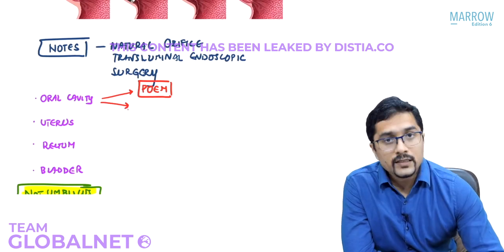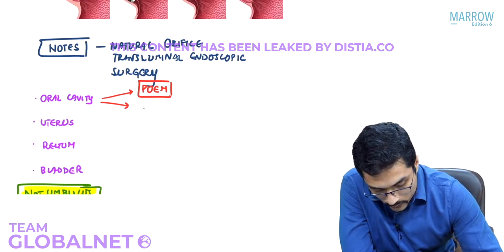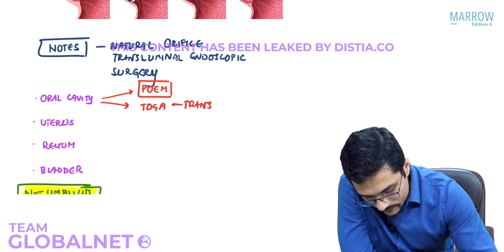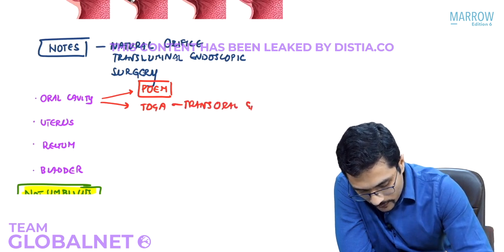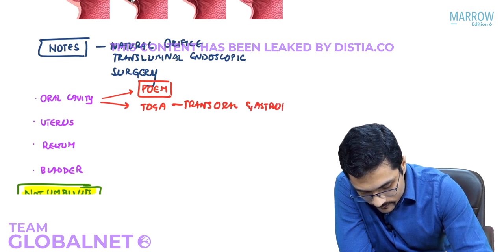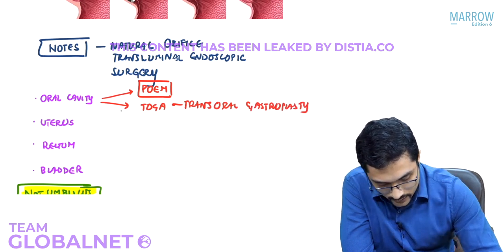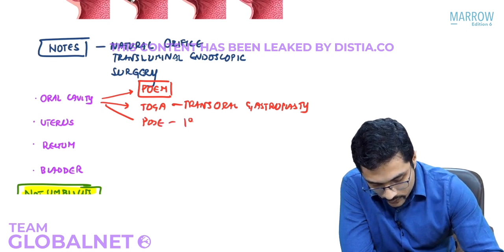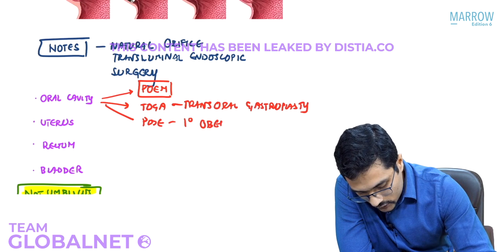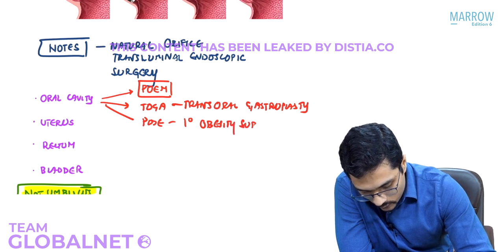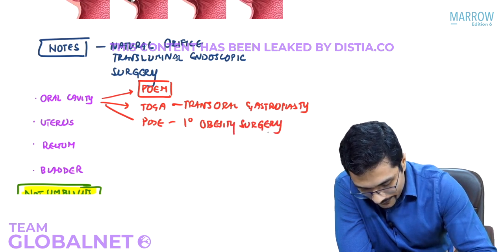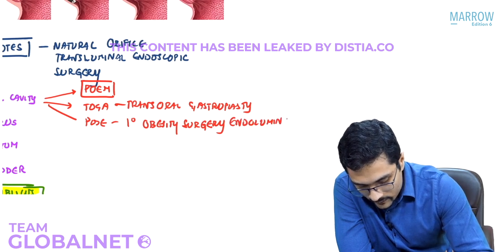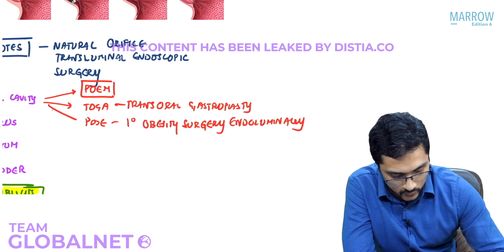Then in the bariatric surgery module, I have told you about TOGA, that is transoral gastroplasty, which is a type of bariatric surgery. I've already told you about POSE. POSE is primary obesity surgery endoluminally.